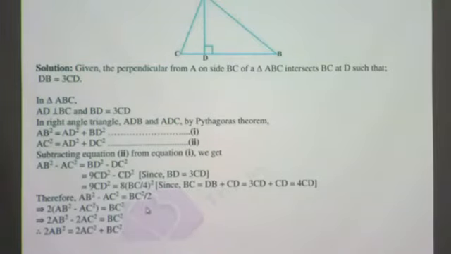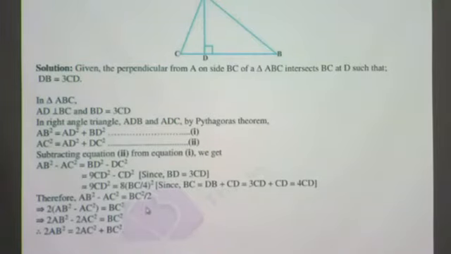You can replace it on the right side. Here only you need to understand: BD equals 3CD, so 9CD squared minus CD squared is 8CD squared.